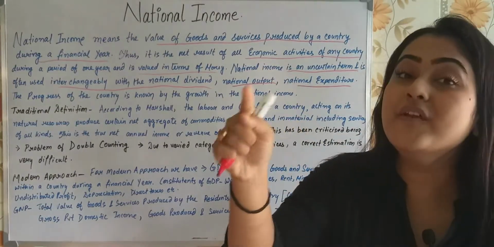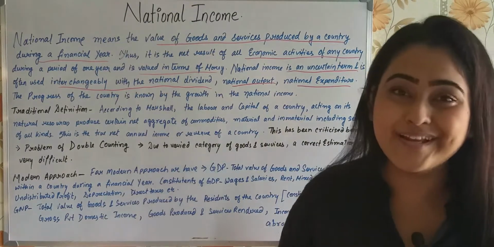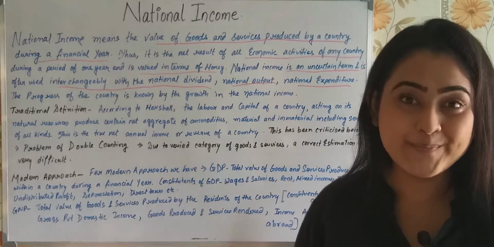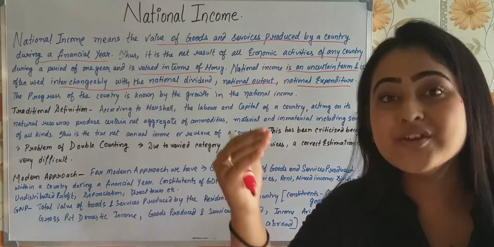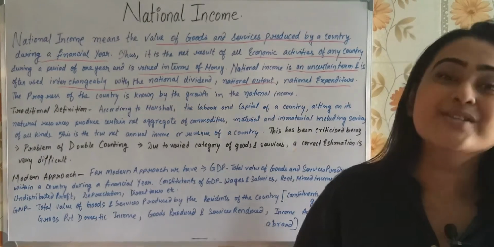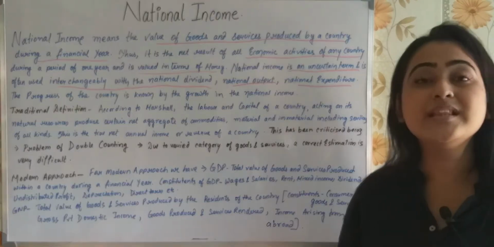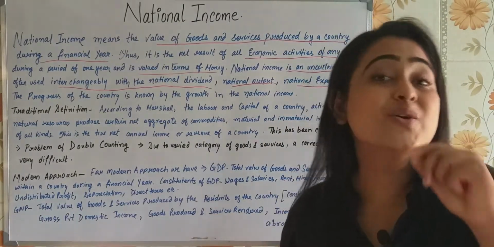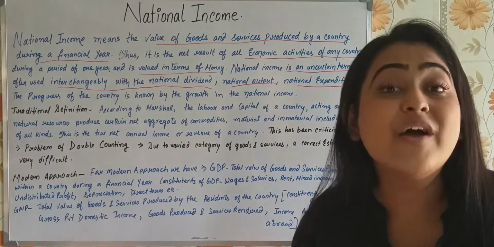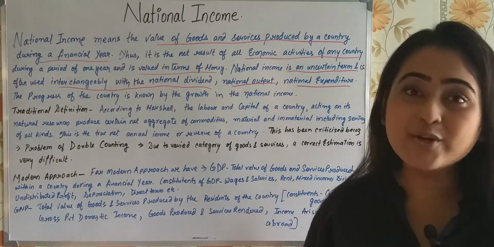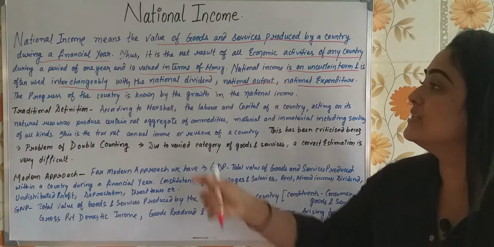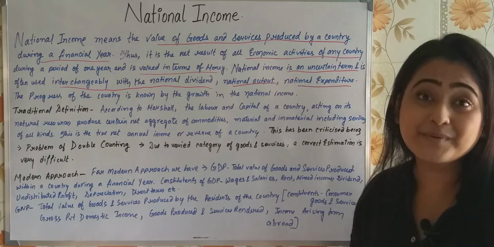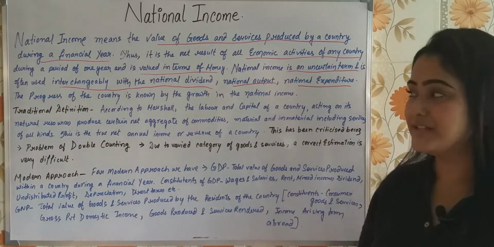If you calculate everyone's expenditure, you can also get the national income, the net value of goods and services that is produced in the economy. How? Because someone's expenditure will be someone else's income, isn't it? So whenever you are calculating the national expenditure also, like everyone's expenditure, then also you get to know what is the net value of goods and services that is produced in the economy. So not only this, you can calculate using national dividend, national output, what is the total output that has taken place in the economy, as well as national expenditure.